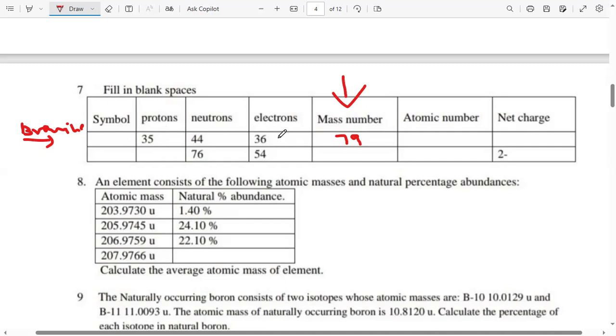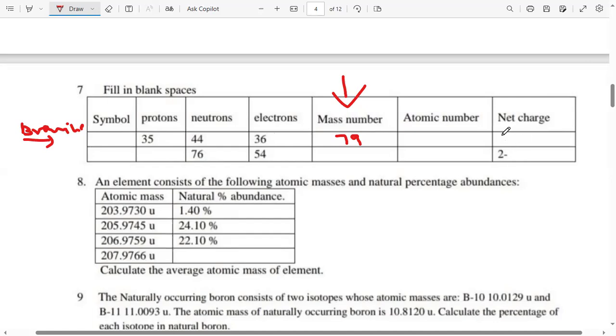But here we have 36 electrons. So the bromine gained one electron, because originally it's supposed to have 35, but it gained an extra electron to have 36. So the net charge will be -1, because it gained.